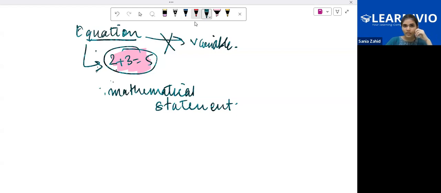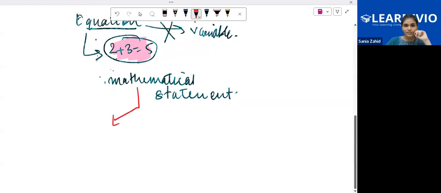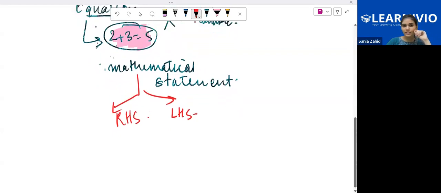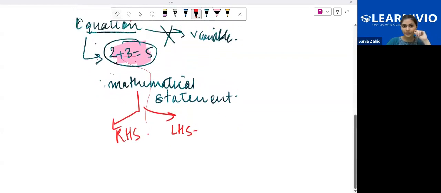Okay, see now we have two things in an equation. The first thing is the LHS and the next is RHS. What is RHS and what is the LHS? RHS means right hand side and LHS means left hand side. So basically in an equation, there is an equal to sign.